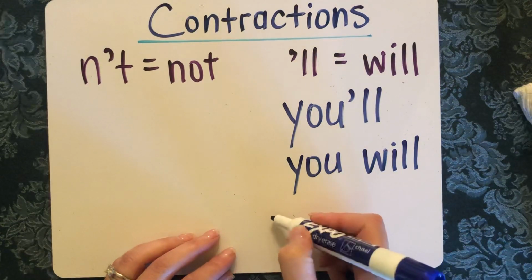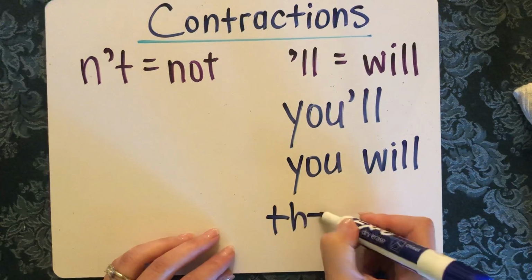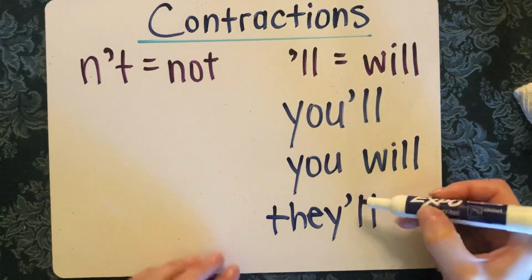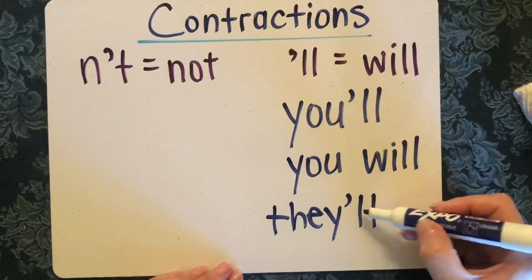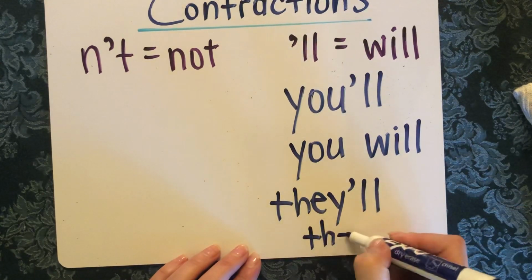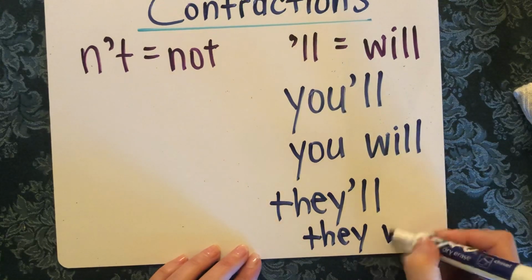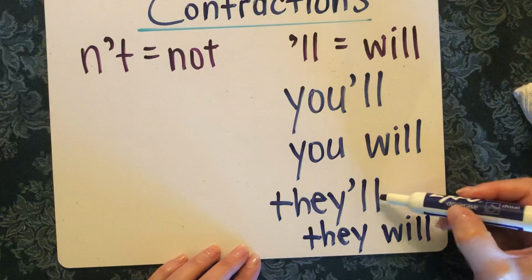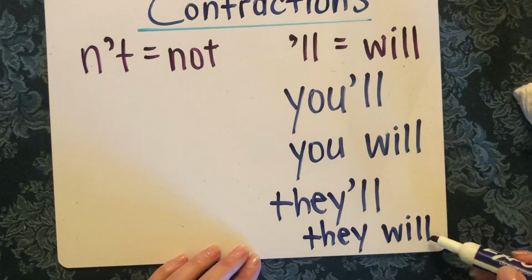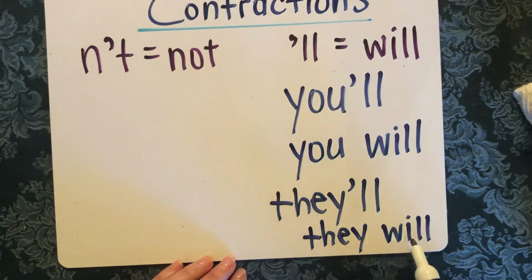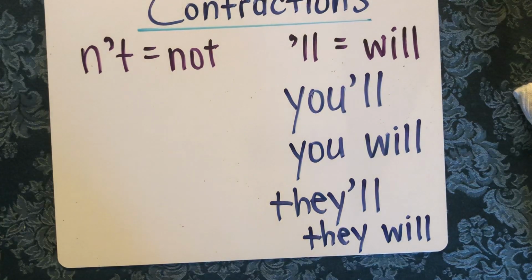Here we can say the contraction they'll. The ending, the apostrophe LL, is a short way of saying they will. That apostrophe LL means will. So they'll is a short way of saying they will. They'll is the contraction.